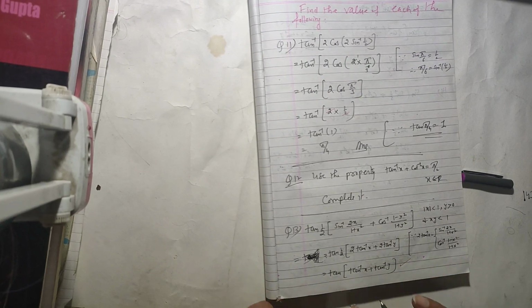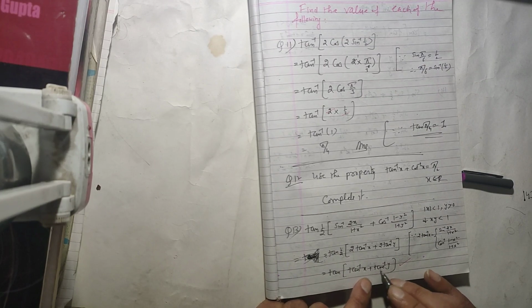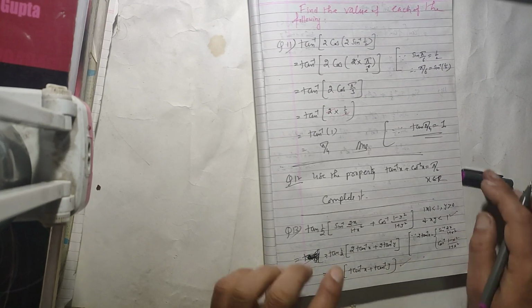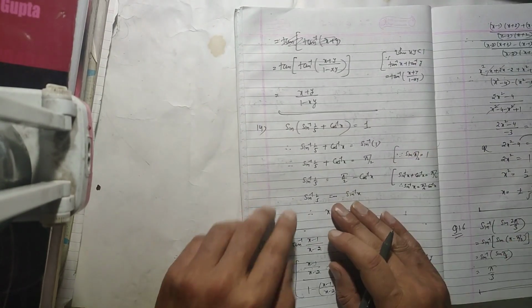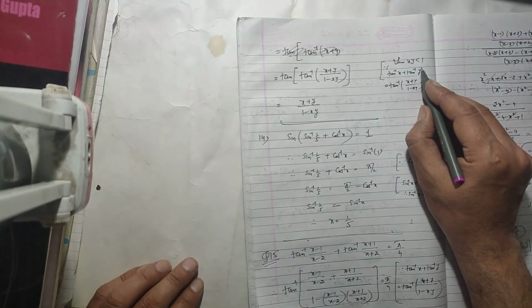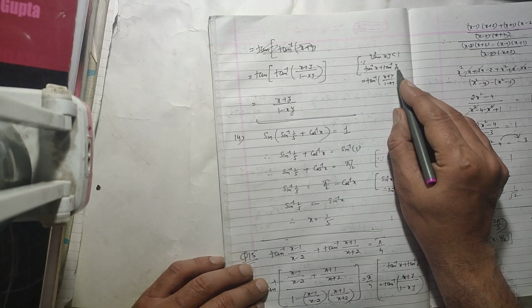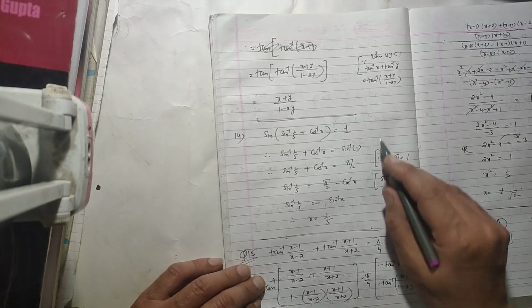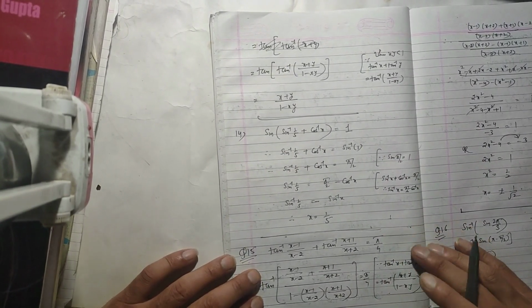Now after this we have to apply the formula for tangent inverse x plus tangent inverse y. It is applicable only when x into y is less than 1. So when xy is less than 1, tangent inverse x plus tangent inverse y is equal to tangent inverse of x plus y upon 1 minus xy.